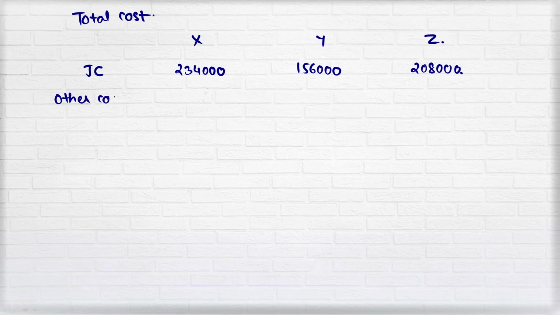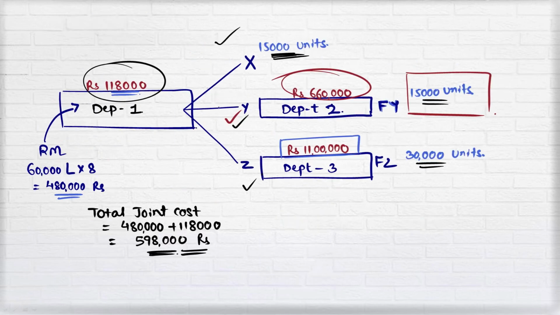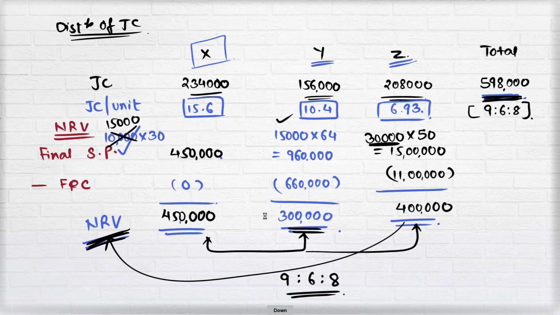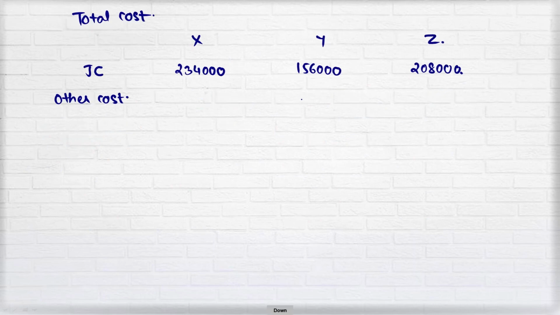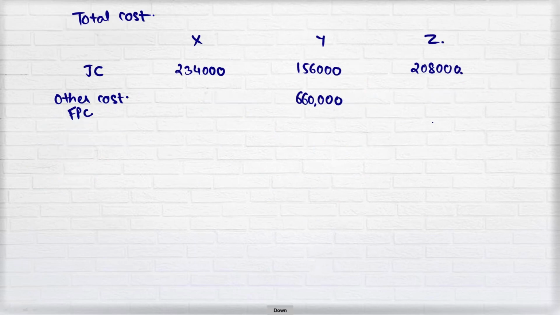What are other costs in X, Y, and Z? X 0, other cost is 0. Y is 6,60,000. This is further processing cost, right? And Z is 11 lakhs.